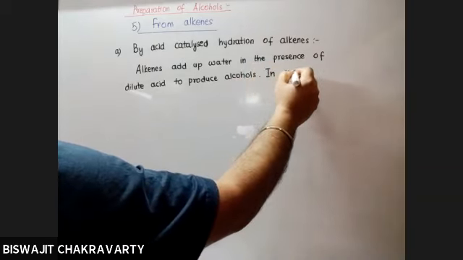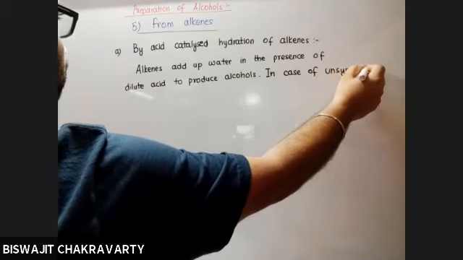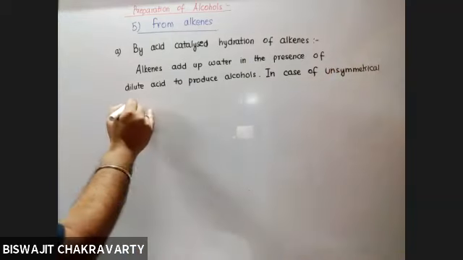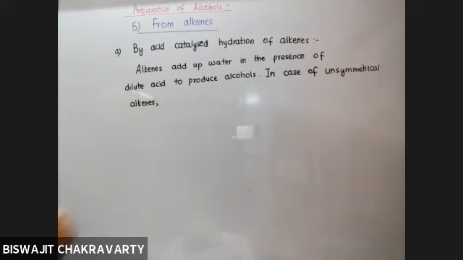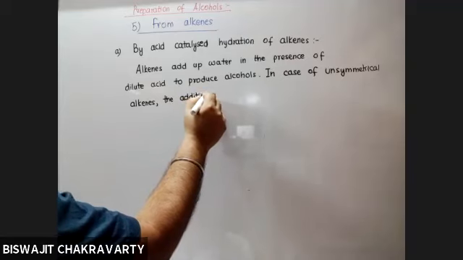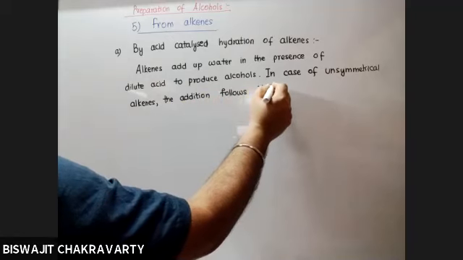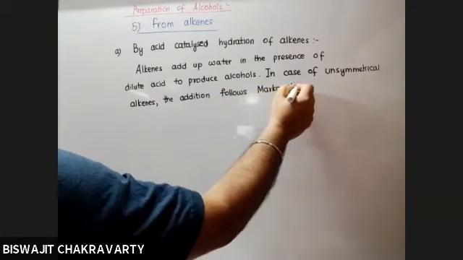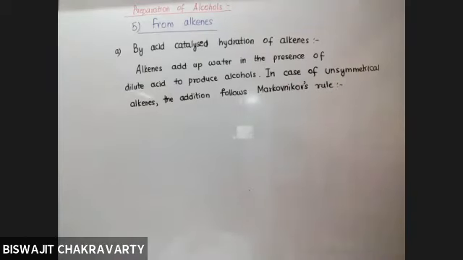In case of unsymmetrical alkenes, the addition follows Markovnikov's rule.